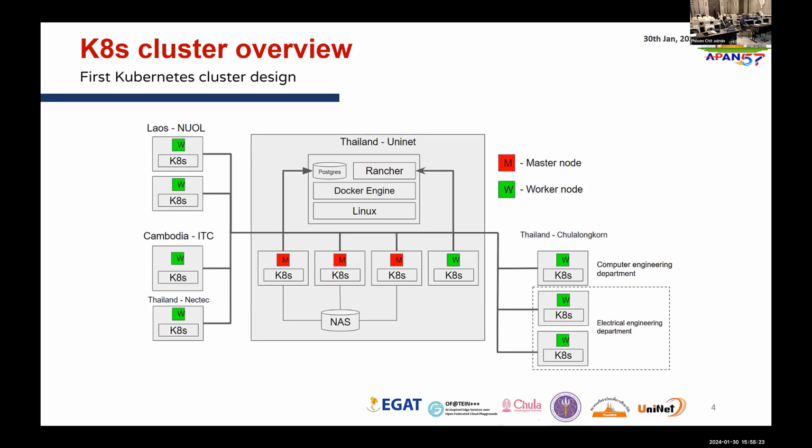So these three masters are identical? Right, working at once, for redundancy. So is this redundancy implemented by yourself, or is it part of the Kubernetes functionality? I utilize the Kubernetes mechanism.